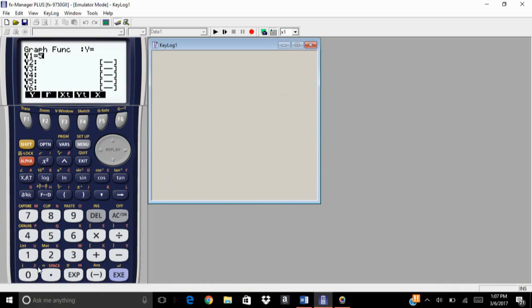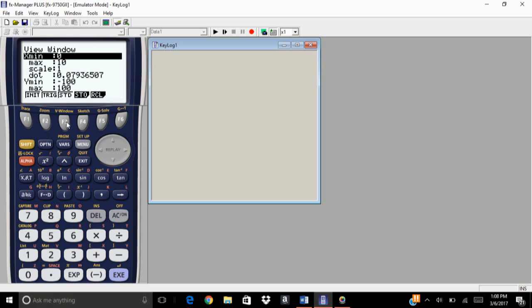So it is 50x minus 5x squared. Okay, and click on enter. Yeah, we're seeing a graph, but it is not completely viewable. Okay, so we have to manage the windows.